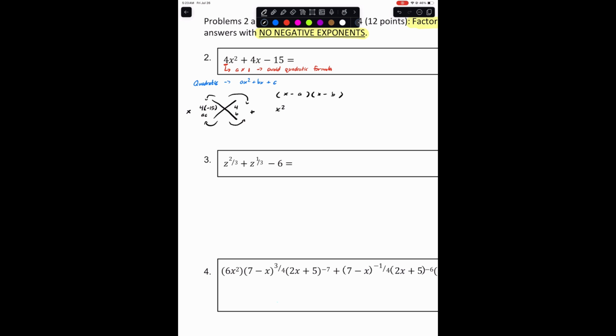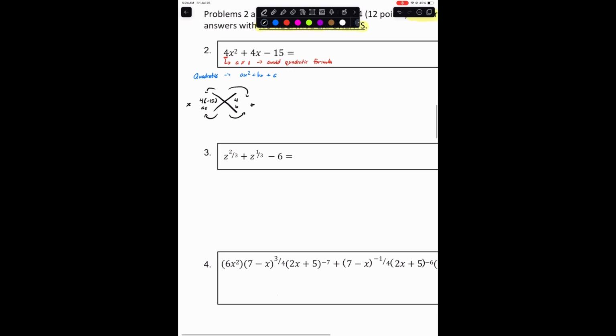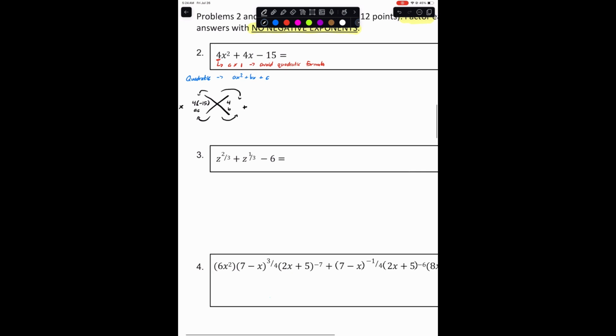So you see my two factors being multiplied and my two factors being added. But even if you don't understand why that's the case, just remember that this is the correct way to do it. So I'm going to list out my factors.